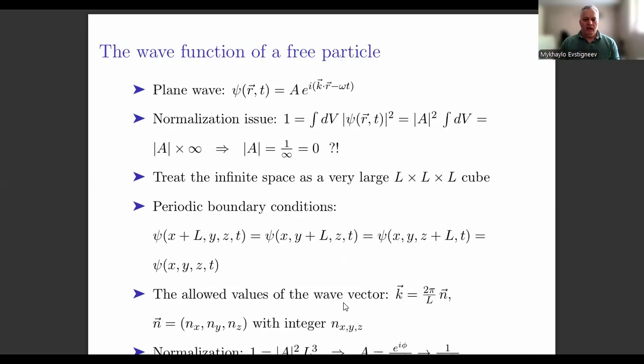All right. So now let's formulate the expected solution of the Schrödinger's equation, which we do not have yet, for a free electron, or any particle. But I will be talking about electrons for the sake of definiteness. It is a plane wave.